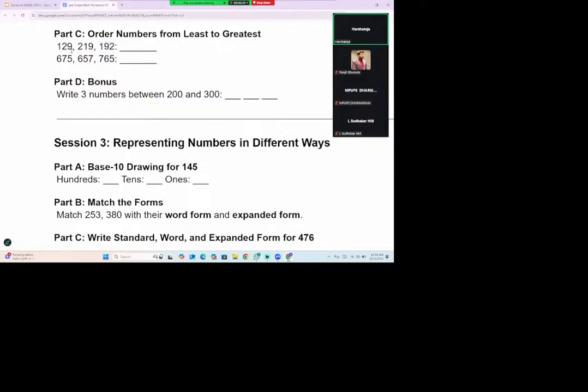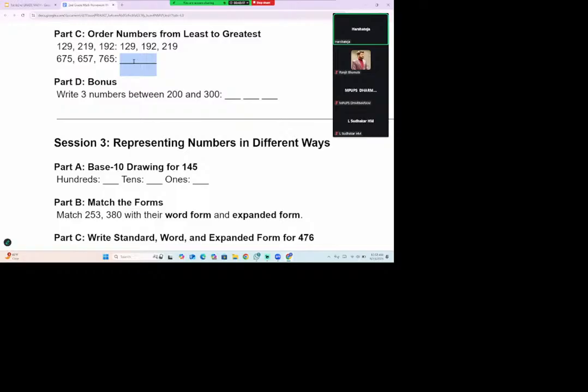So since we know the teeth go towards 9, that means this 9 is greater. So we know that 129 is the smallest number of the 3. Then we go in order. So 129, 192, and 219.